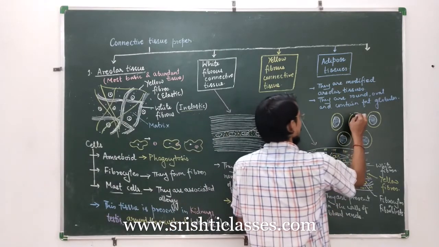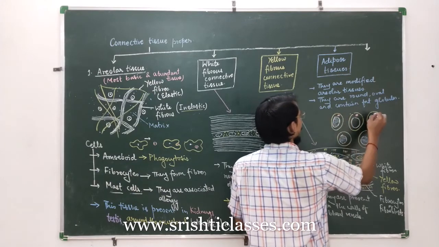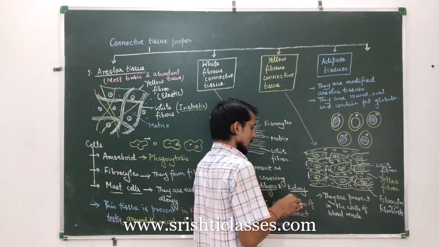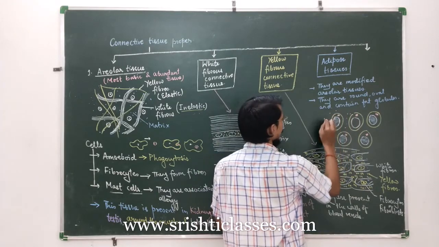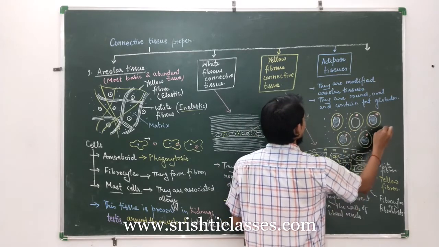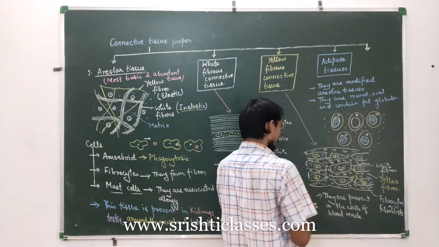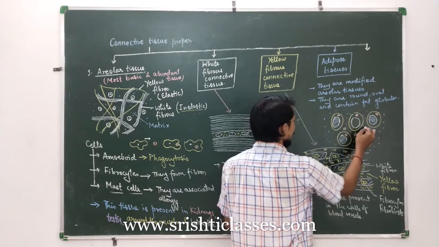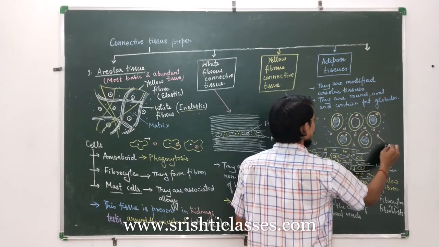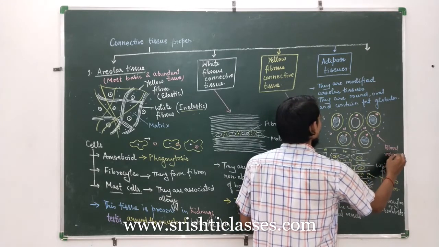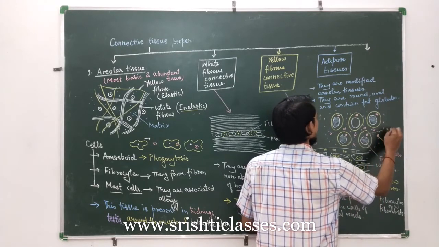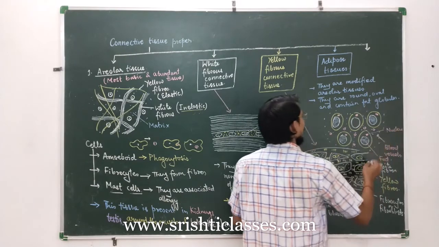There will be a nucleus and the cells will have large intercellular spaces. In this space, matrix is present and also blood vessels are present in this tissue. This is matrix and you will see some blood vessels in this tissue. Okay, this is blood vessels. This is fat. This is nucleus. And this is matrix.